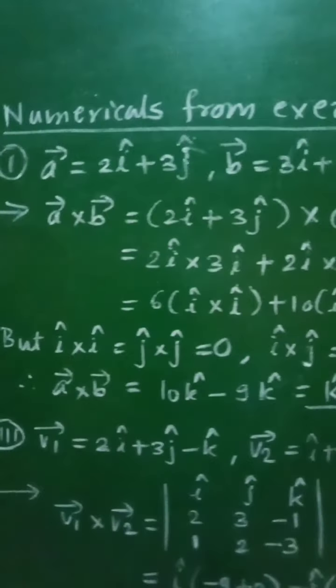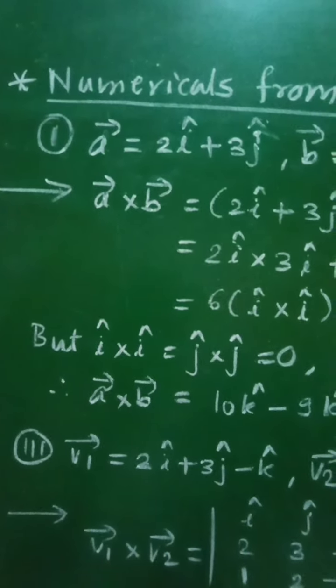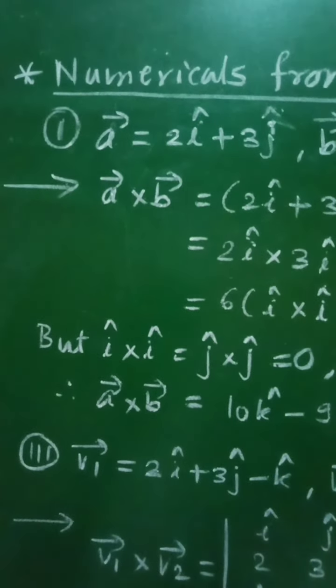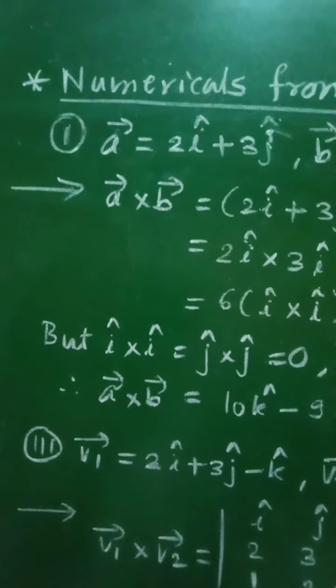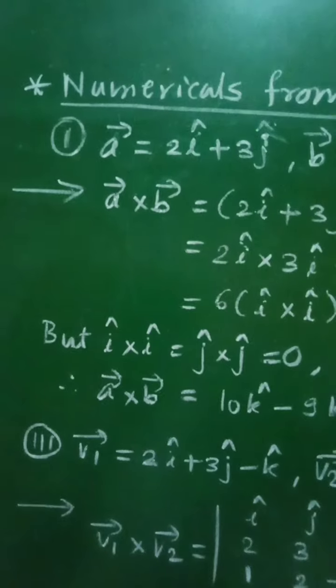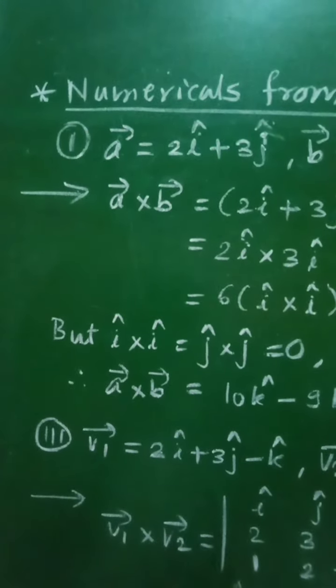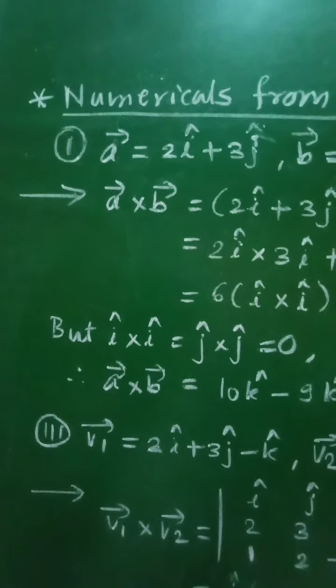The first numerical is stated as: determine vector A cross vector B, given vector A equal to 2i cap plus 3j cap and vector B equal to 3i cap plus 5j cap.